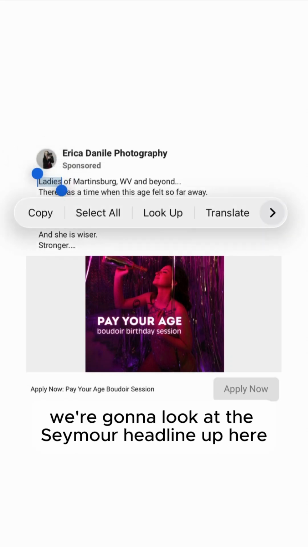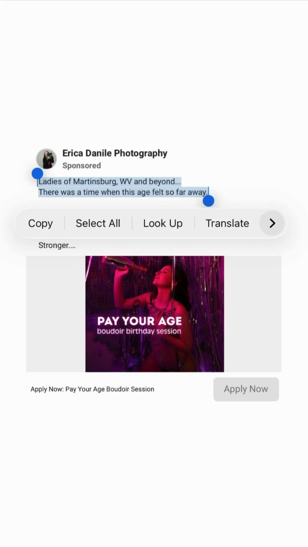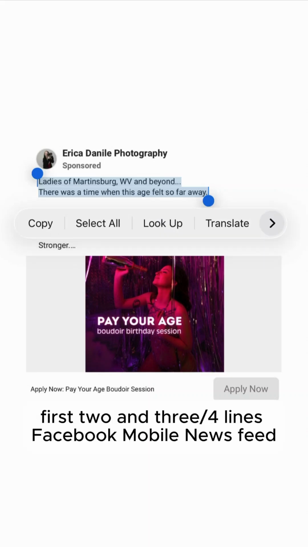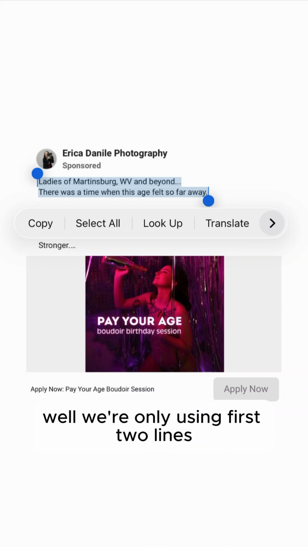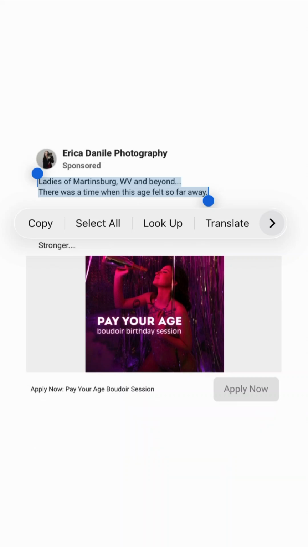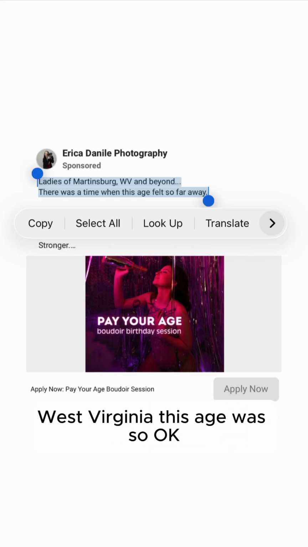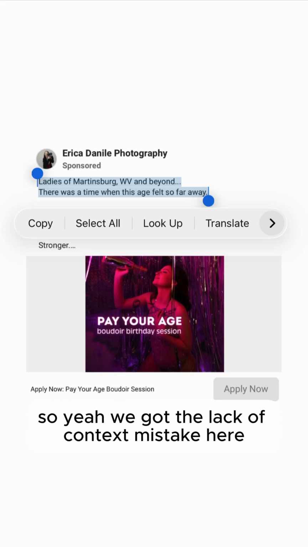Finally, we're going to look at the See More headline up here. First 2 3/4 lines, Facebook mobile newsfeed. Well, we're only using the first 2 lines. Now the Bays of Martinsville, West Virginia. So okay, we got the lack of context mistake here.